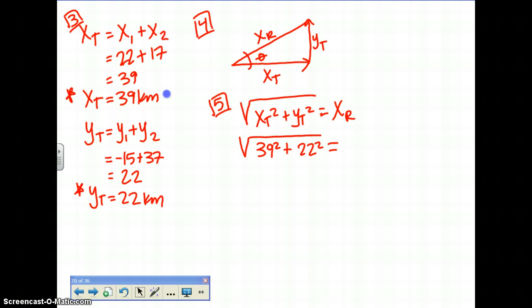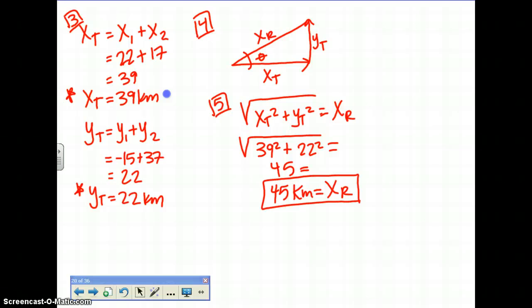Square root, start your parenthesis, 39 squared plus 22 squared, end your parenthesis, equals. Either way. Calculator answer. Okay, you should have about 45 on your calculator. We want to sig fig, so 45 kilometers is how far this hiker could have gone if she just did it in one direct swoop.